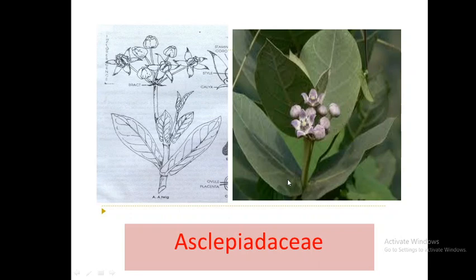Sometimes the plants are succulent, example Hoya, or xerophytic with cactus-like habit, example Stapelia and Caralluma. A perennial rootstock is present and sometimes the roots are fleshy or tuberous.